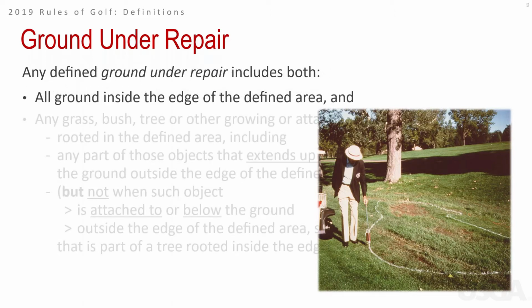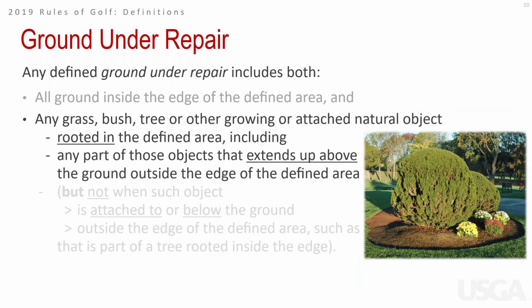Any defined ground under repair includes both the ground inside the edge of the defined area, and then our first really challenging concept here: any grass, bush, tree, or other growing or attached natural object that is rooted in the defined area, including any part of those objects that extend up above the ground outside the edge of the defined area.